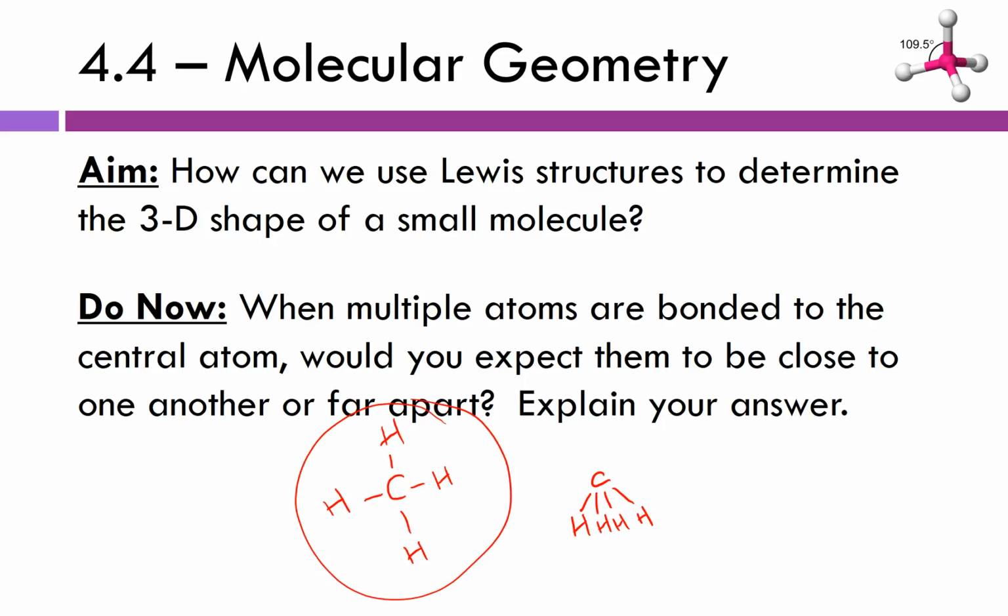If you think about it, you've got electrons being shared between each hydrogen atom and the carbon atom. We know that electrons are negatively charged, and if you try to put a bunch of them together like we have in this other Lewis structure, you can imagine there might be some repulsive forces between the pairs of electrons. And that's really why we see everything being spread out as much as possible when we're talking about different geometries.